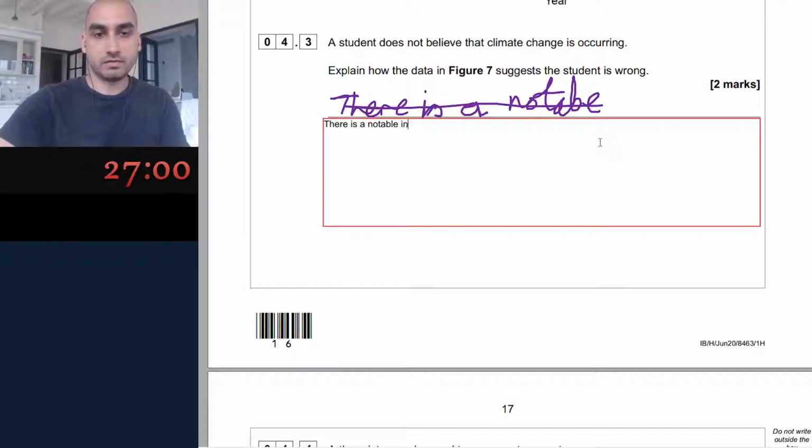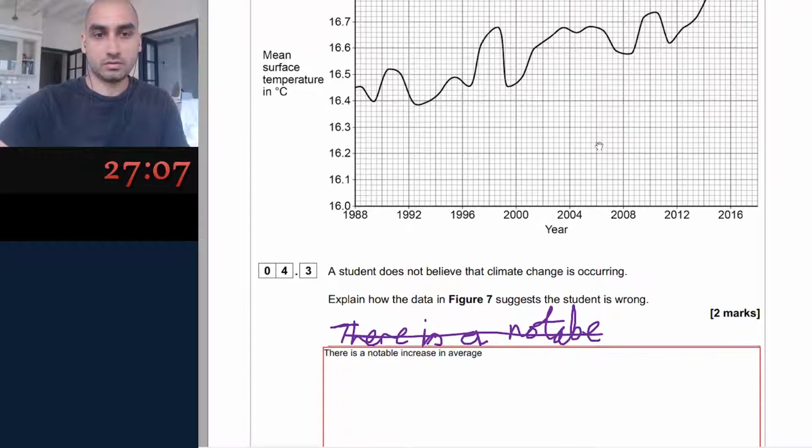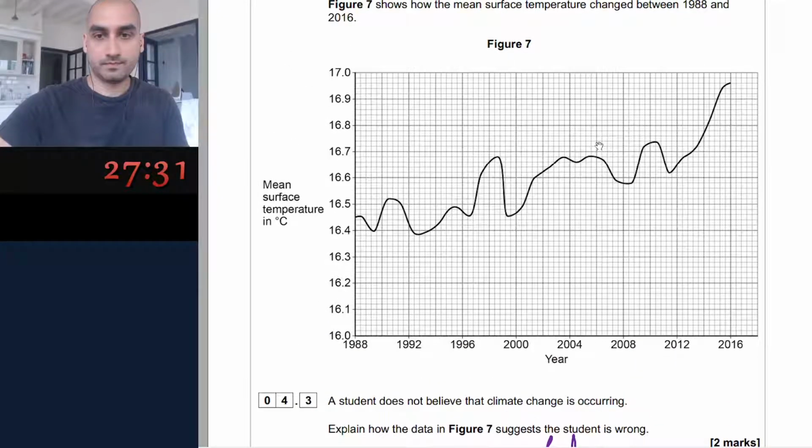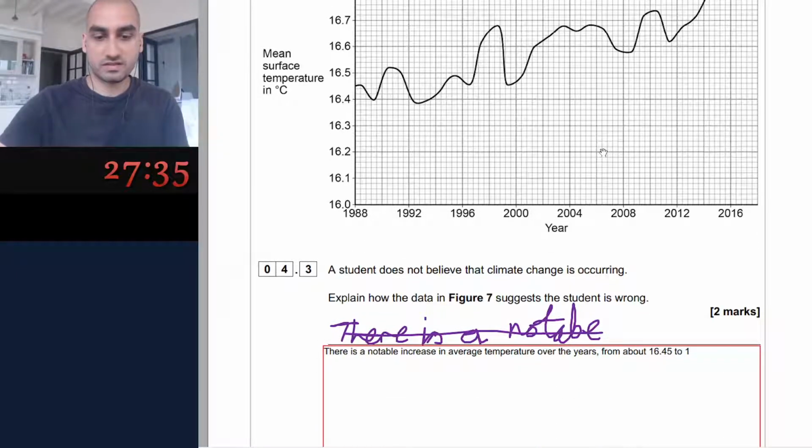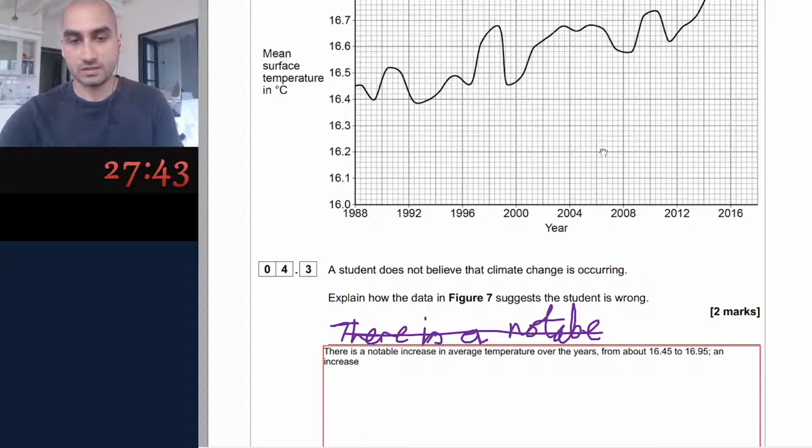There is a notable increase in average temperature over the years from about 16.45 to 16.95, an increase of around 0.5 degrees.